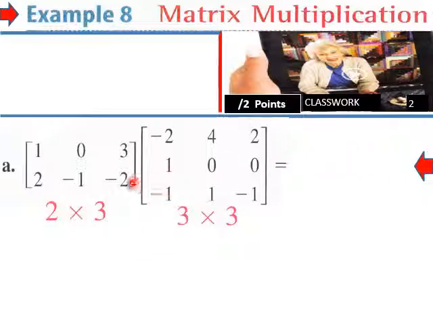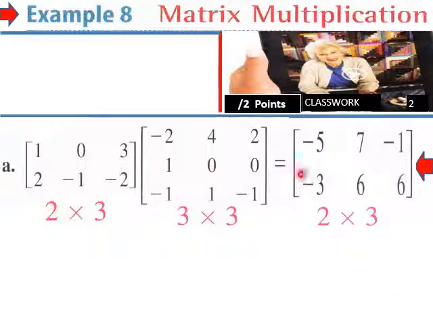We're going for a 2 by 3. And then for our second row in our product, we're going to multiply this row by this column, this row by this column, and then this row by this column to get our second row. So let's see what we got here. We got a -5 here. The way we got that was 1 times -2 is -2, and then 0, and then -3 would be -5.